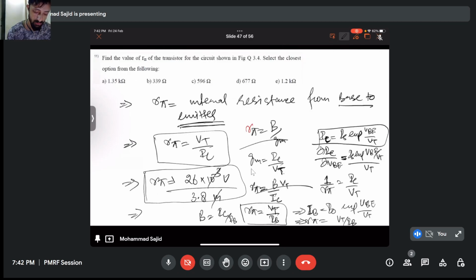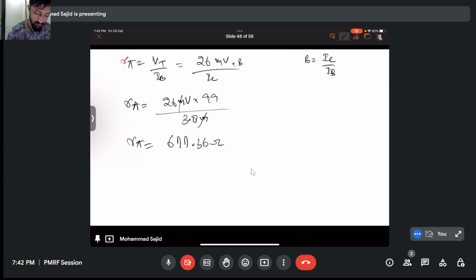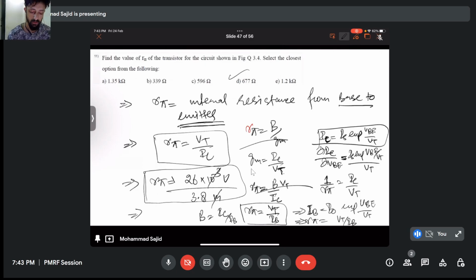Let's see the option, 677, right, this one. If you happen to see this, please do note that this is a wrong relation if you want to find R pi.